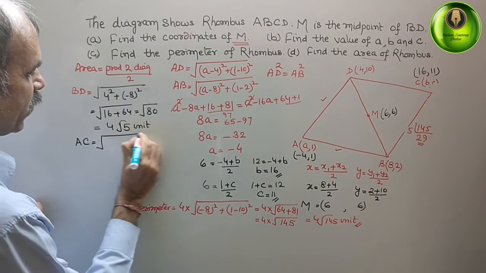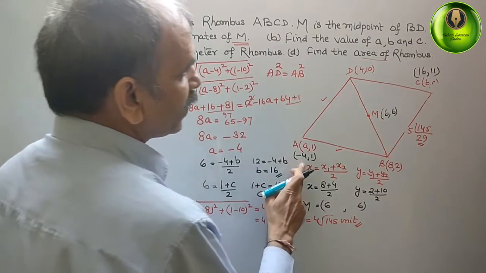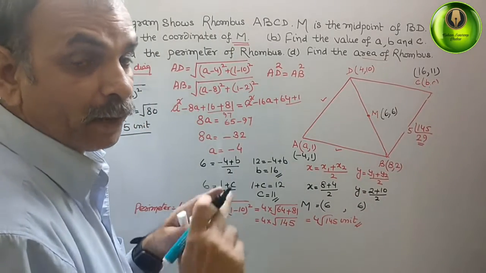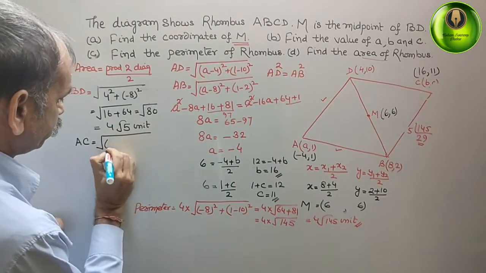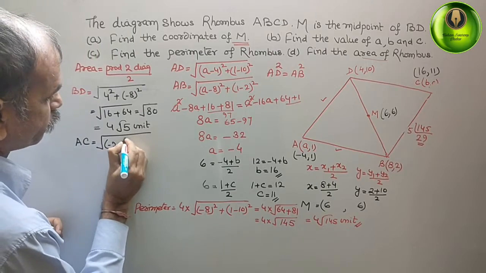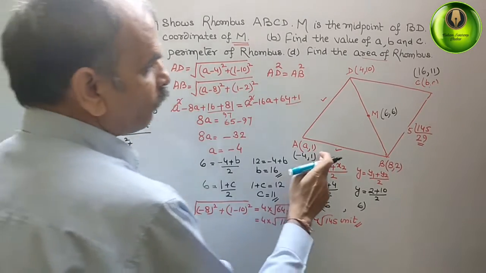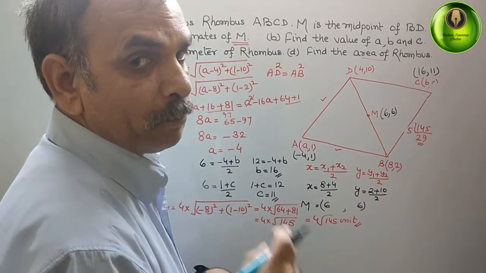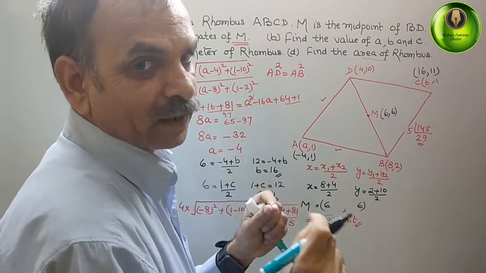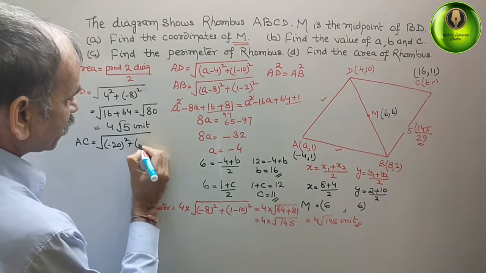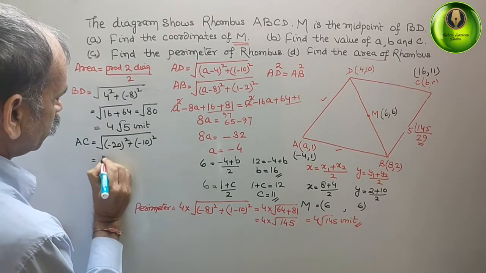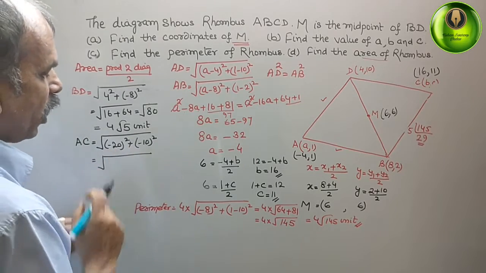That is your root under, now minus 4 minus 16 is minus 20, minus 20 square, plus 1 minus 11, which is minus 10, minus 10 square.